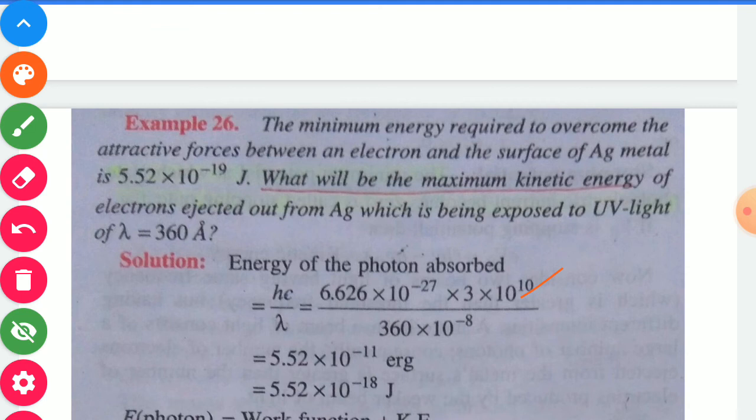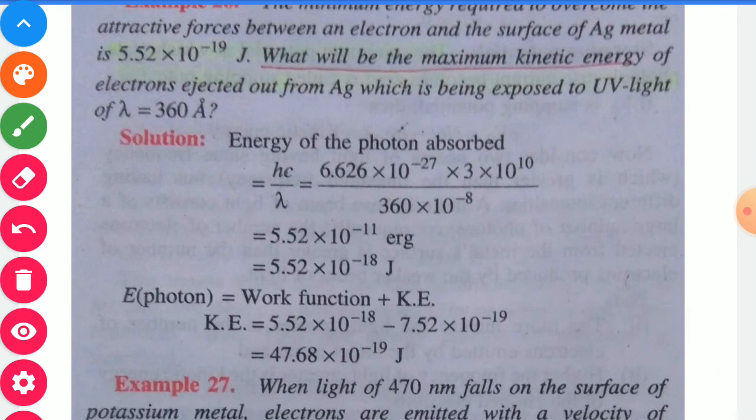The wavelength λ is given as 360 angstrom, which we may write as 360 × 10^-10 meter, but in CGS unit it will be 360 × 10^-8 centimeter. On solving, the energy of the photon absorbed is found to be 5.52 × 10^-18 joule.